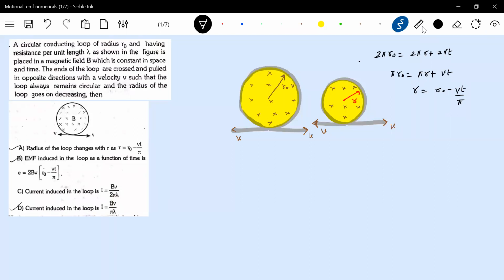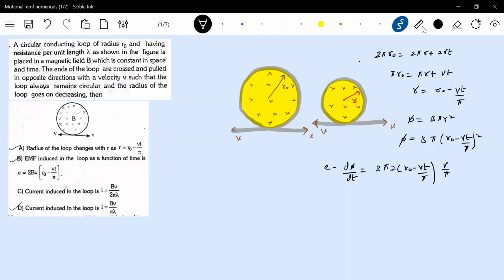So now what is the flux linking the loop? B into pi r square. B is a constant, pi, this will be r naught minus vt by pi whole square. Differentiating this gives b pi 2 into r naught minus vt by pi into v by pi.